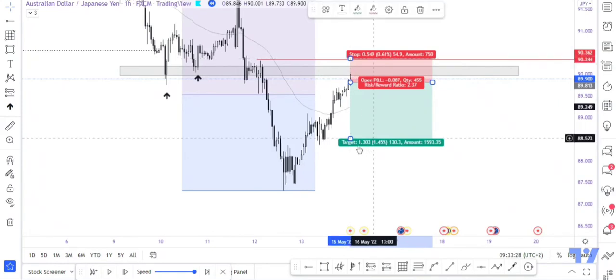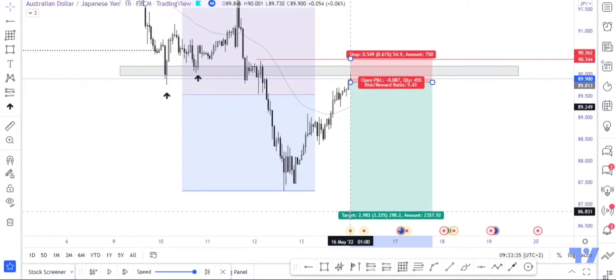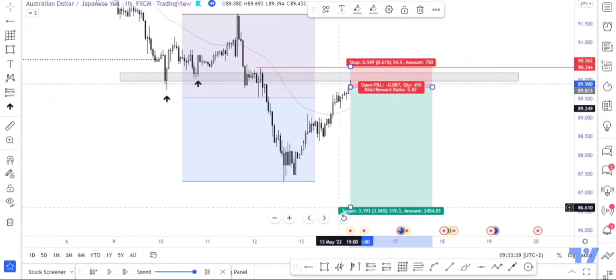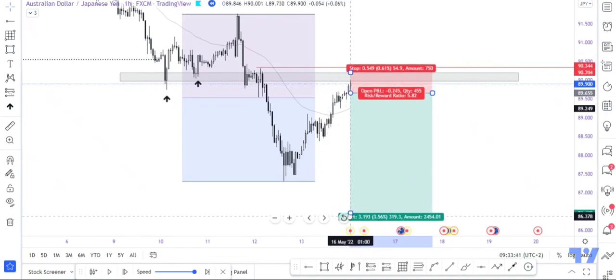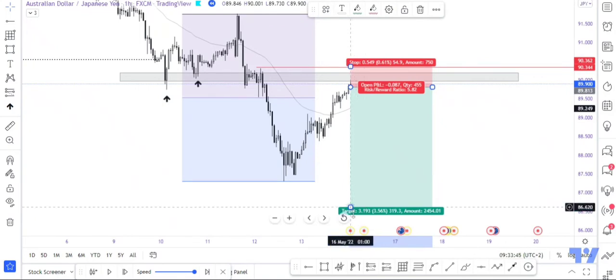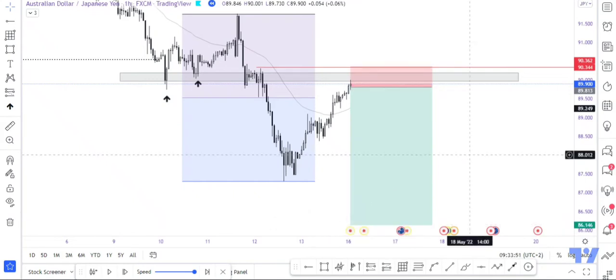And we had multiple take profits in this trade, so our take profit was somewhere around 86,100. Yeah, somewhere around this level. So this was our take profit.